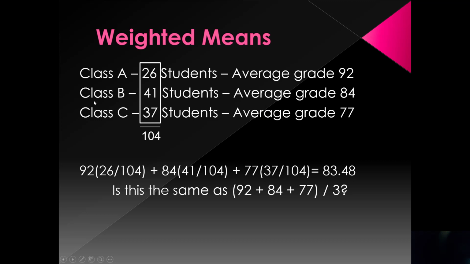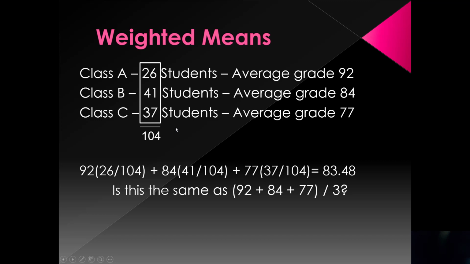And in class A, B, and C, you have all the information you need to do this except the total number of students in all 3 classes, right? Which if you add these 3 numbers up, you're going to get 104. And that extra number is what you need in the formula.